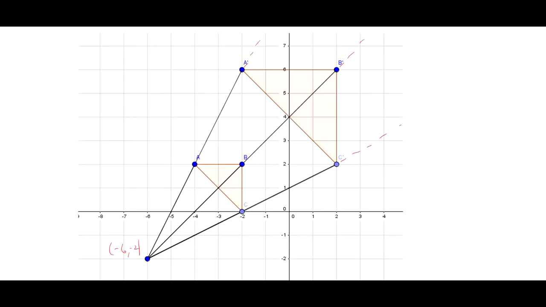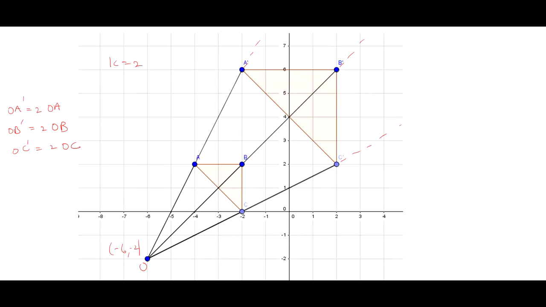But what I'm saying is that let's call this point O. OA would be some distance, and OA prime would be twice that distance, because our scale factor K was equal to 2, right? OB prime will also be 2 times OB, and OC prime will be 2 times OC, right? Where did I get that 2 from? They told me that the scale factor is 2.